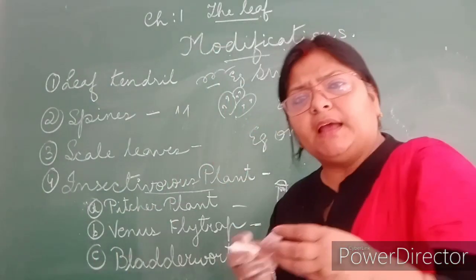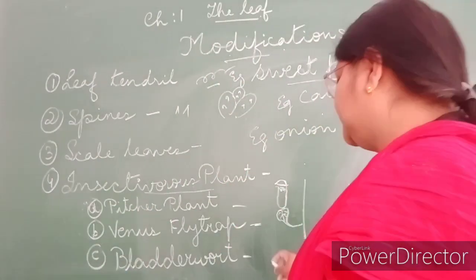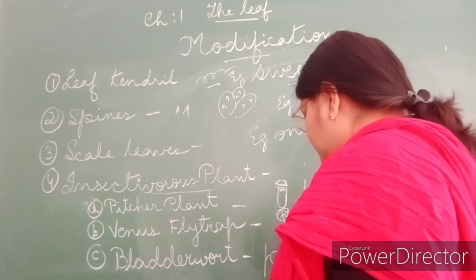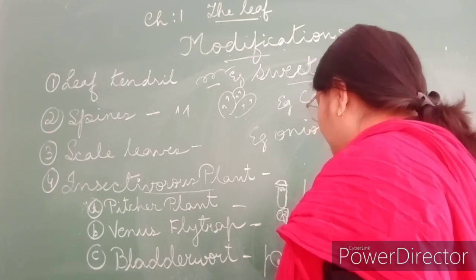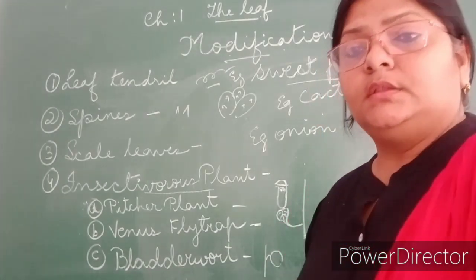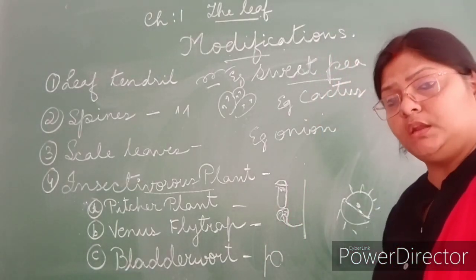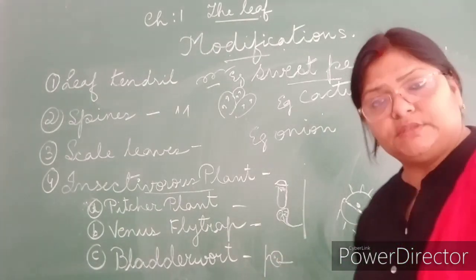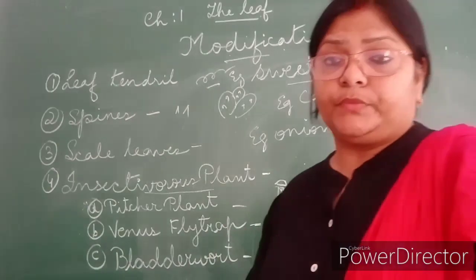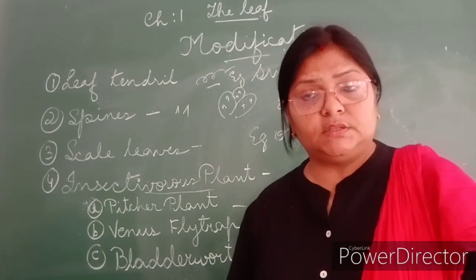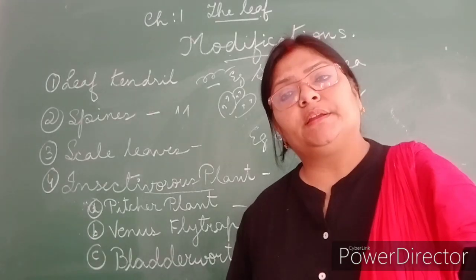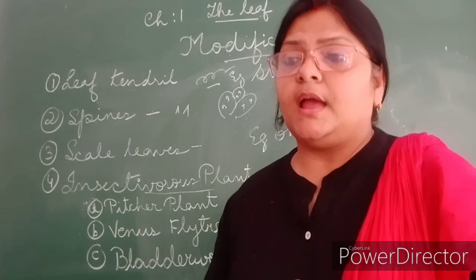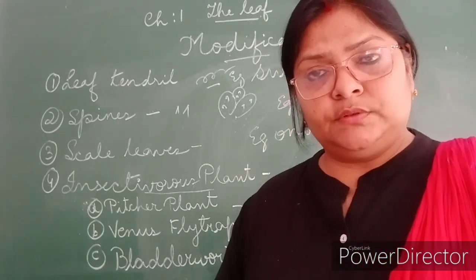Bladders are bag-like structures, a small pouch you can say, which have a small opening. If the insect enters through this opening, it is trapped. The opening closes once the insect is inside, and the insect gets digested because of the digestive juices secreted inside it, and the nitrogen is used.